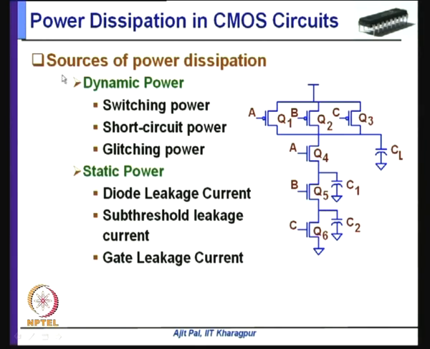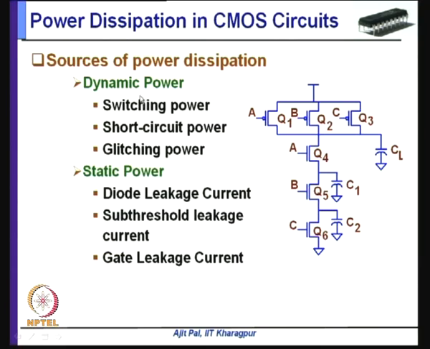As we know, the power dissipation can be broadly divided into two types. Dynamic power is the power dissipation when the circuit is in operation. That means input is changing, clock is applied to it, output is changing. In such a case, whatever is the power dissipation, that is known as dynamic power.